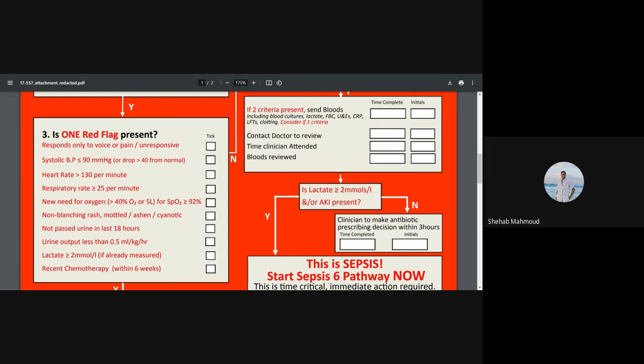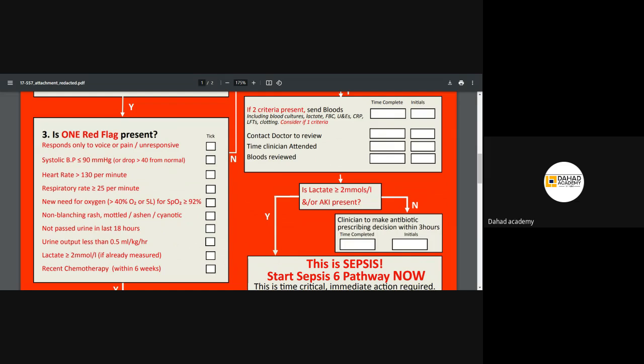Responds only to voice or pain, or systolic blood pressure less than 90, or a drop of more than 40 from normal, heart rate more than 130 per minute, respiratory rate more than 25 per minute, needs oxygen, non-blanching rash, mottled, cyanotic, not passed urine in the last 18 hours, urine output less than 0.5 milliliter per kilogram per hour, lactate more than 2 millimole, recent chemotherapy.